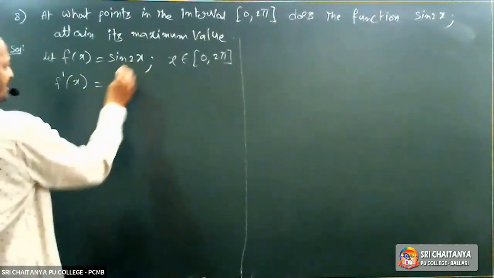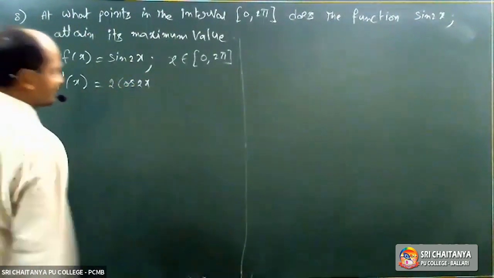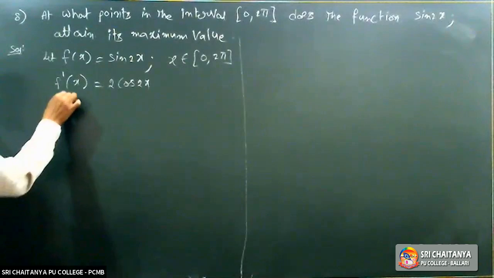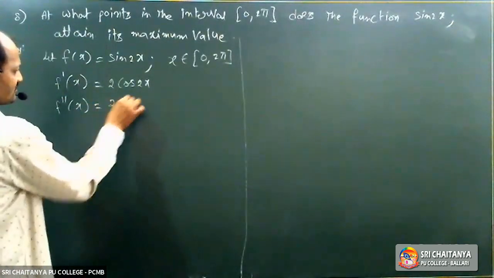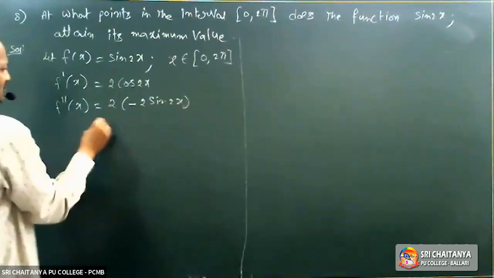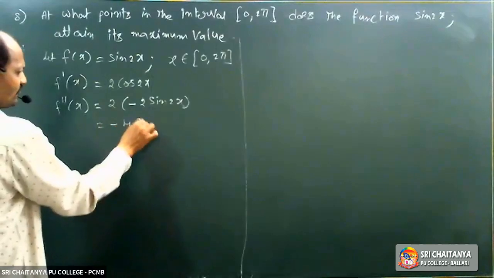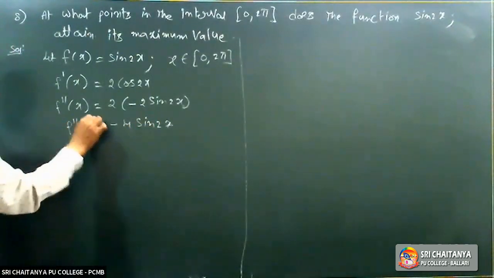Derivative of sine 2x is 2 cos 2x. Second order derivative: derivative of cos 2x is minus 2 sin 2x. We get minus 4 sin 2x. It is the second order derivative.